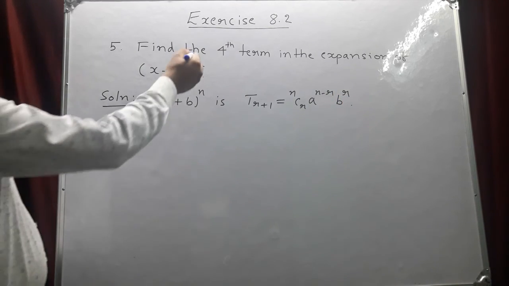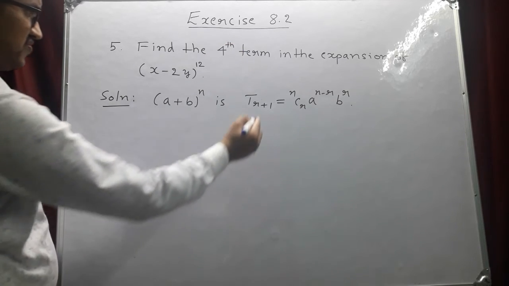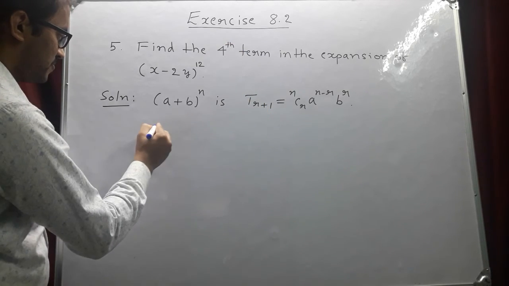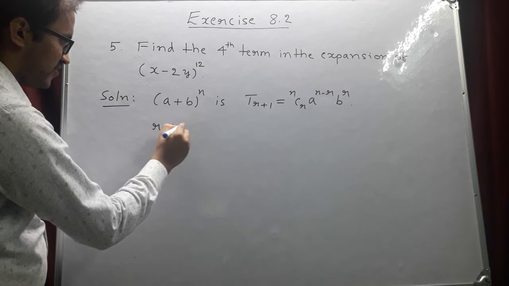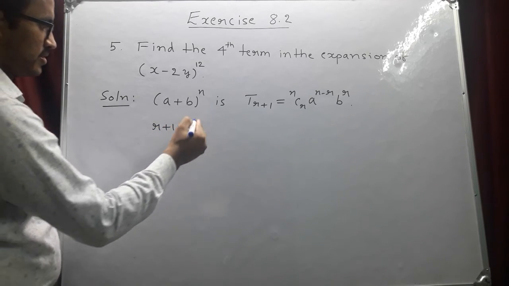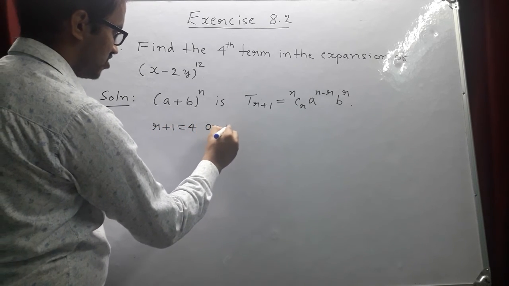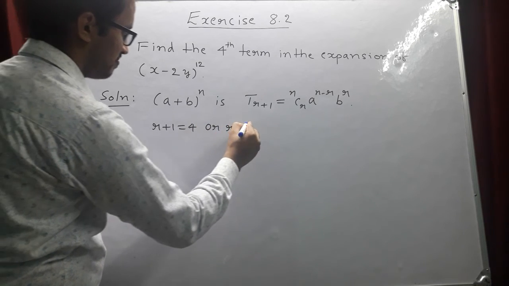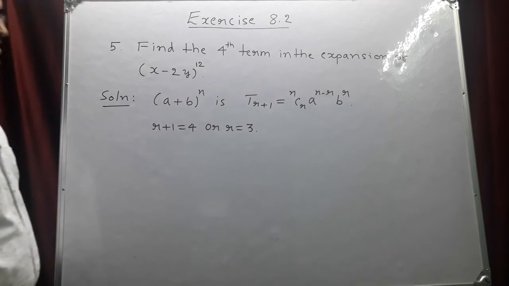We have to find the fourth term here. Fourth term is T4, so r plus 1 becomes 4, and r is equal to 4 minus 1, so that is 3.